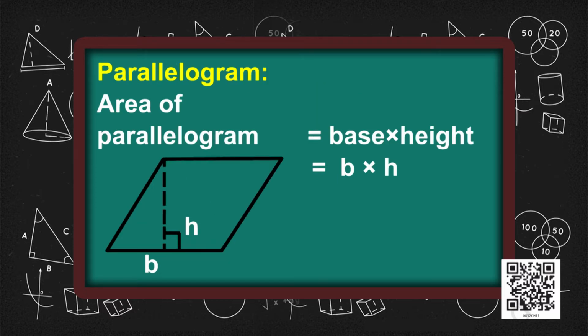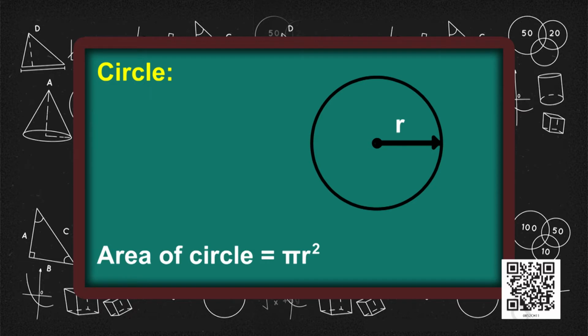Moving on to parallelogram. Area of a parallelogram with base B and height h is equal to base into height, which is equal to B into h. Finally, area of a circle is pi r square, where r is the radius of the circle.